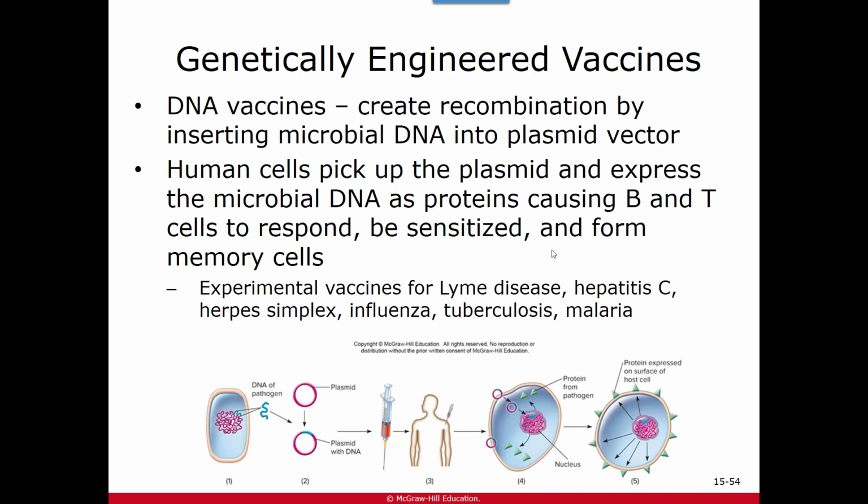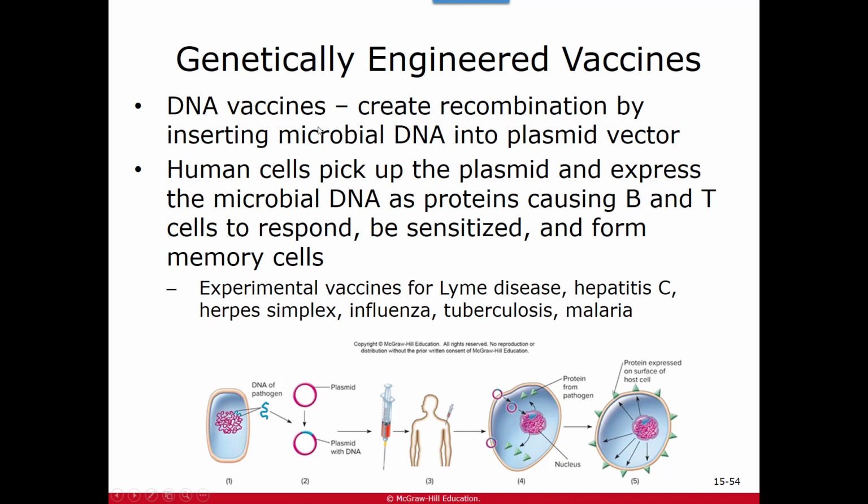And then we also have genetically engineered vaccines. It's not just putting DNA in yeast to make different fragments. We can take DNA of a certain pathogen, put that DNA in a plasmid, and put that right in us. So you're given DNA from some type of organism.